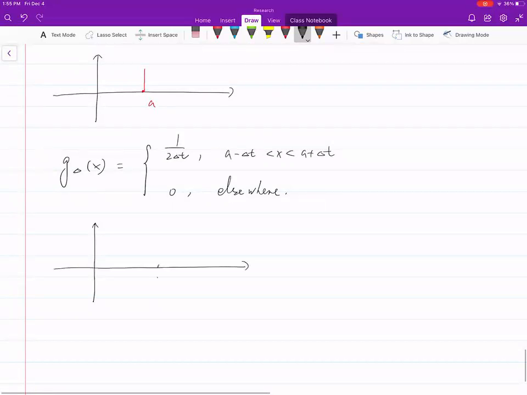So we take A, we take a small interval before and after A, and this is our G delta T of X.